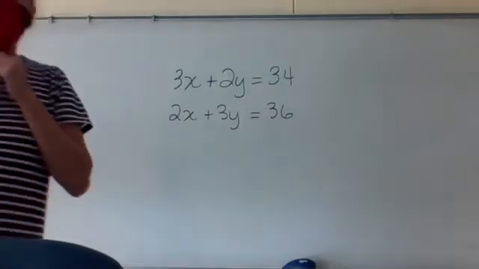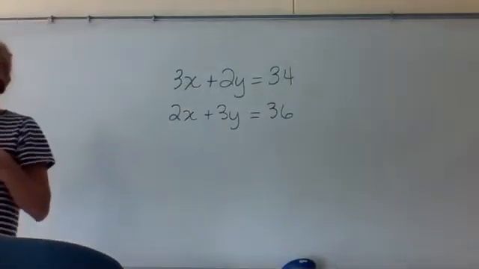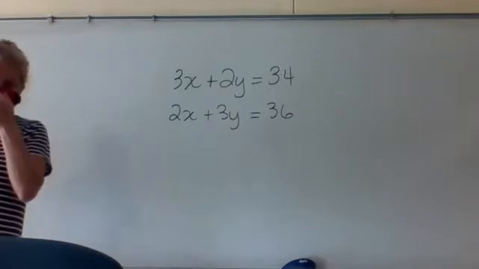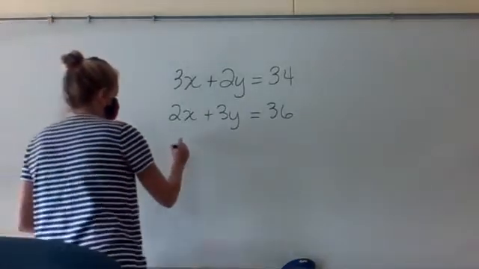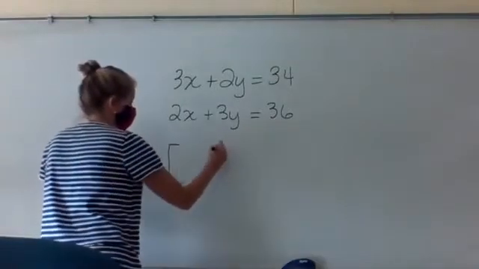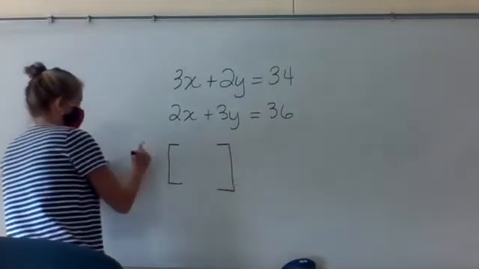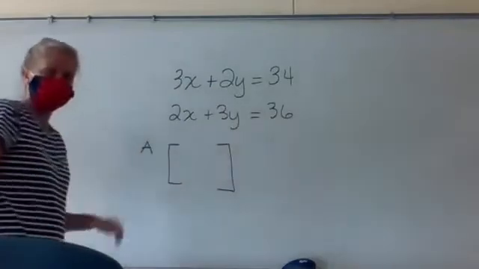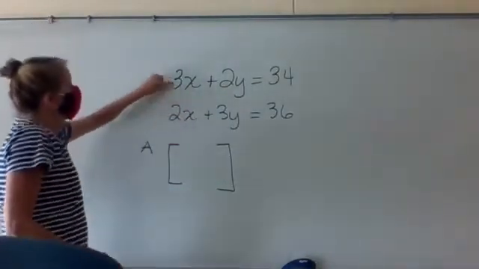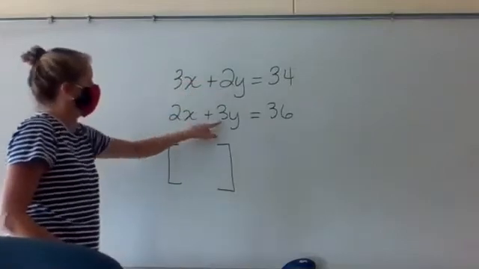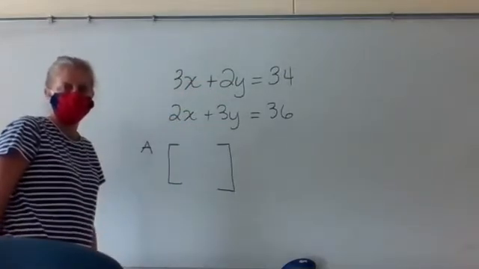We're going to use the matrix function in the calculator, and I'll get to that in a second. Where the matrix looks like this. I'm going to create matrix A. It's going to come from just the number part of this side of the equal sign.